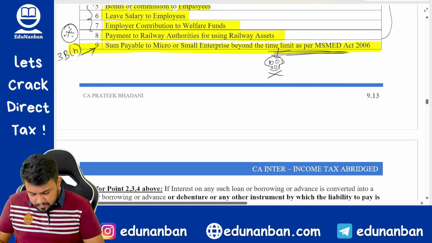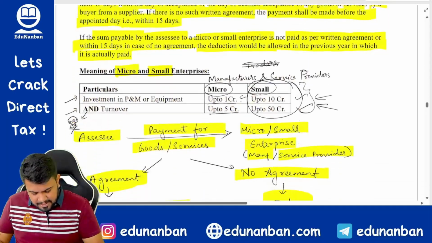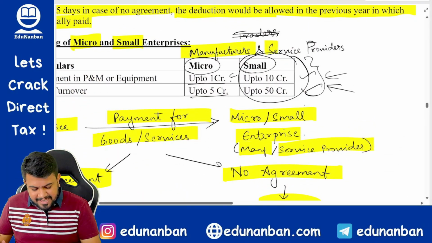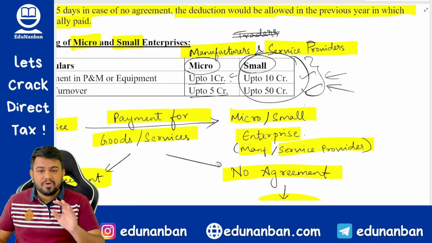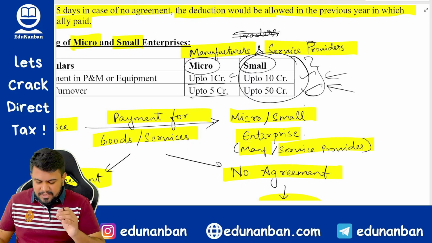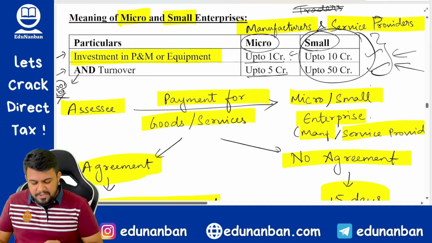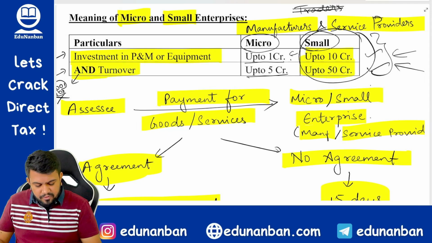Okay. So now first let us discuss what is micro and what is small enterprise. Micro and small enterprise firstly should only be manufacturers and service providers. What? Manufacturers and service providers. So traders are not included in micro and small enterprise. Next, the investment in their plant and machinery or equipment should be up to 10 crores and turnover should be up to 50 crores.